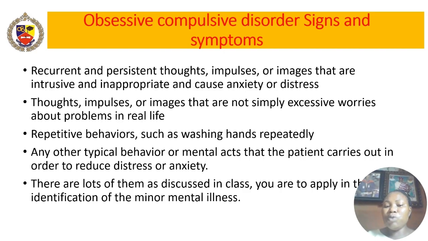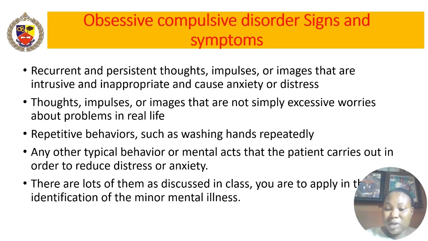Another type is what we call obsessive compulsive disorder, and its signs and symptoms. Here we have recurrent and persistent thoughts, impulses or images that are intrusive and inappropriate and cause anxiety or distress.